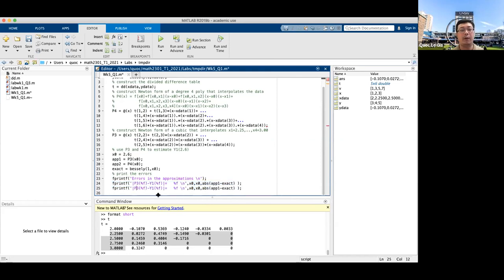This one will be P4, then approximation 2.